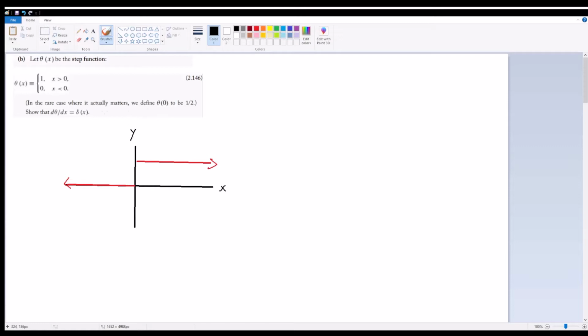And we are trying to deal with the derivative. So d theta by dx is equal to, and if we look at this, when it's positive, it has a slope of 0, and when it's negative, it also has a slope of 0. So d theta by dx is just equal to 0 when x is not equal to 0. When x is equal to 0, it has a discontinuity jump, which implies that the derivative is actually infinity.